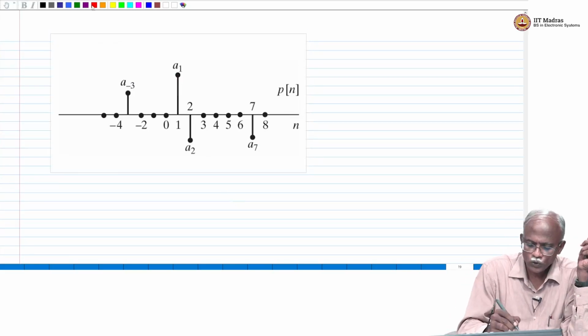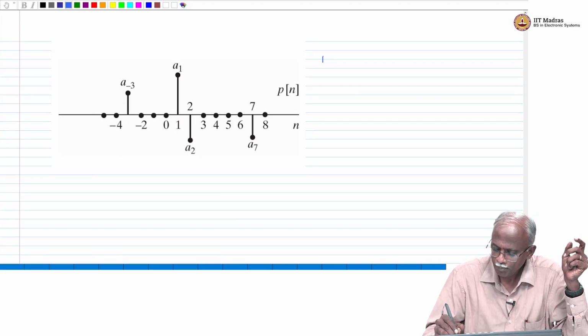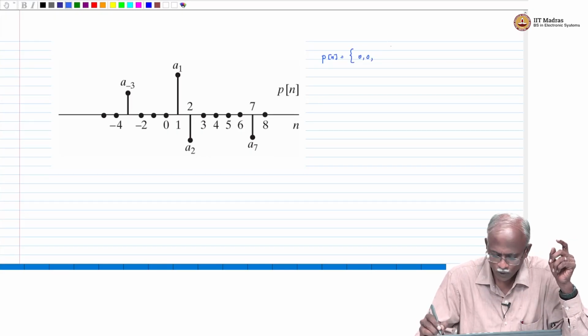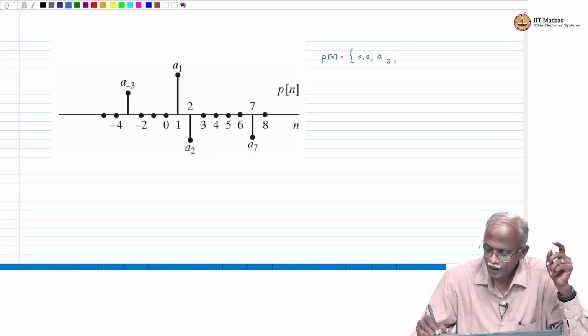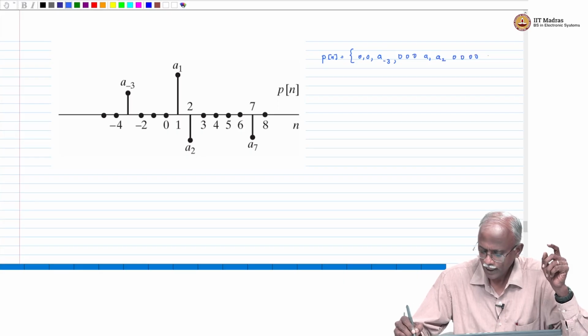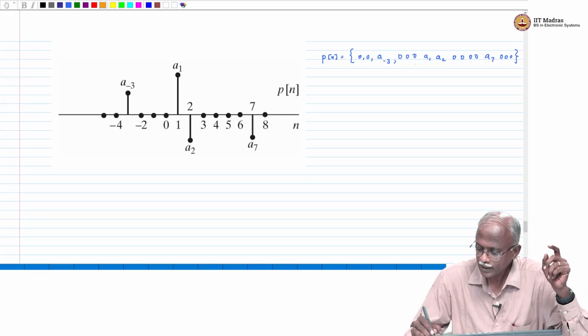Maybe easiest for us to write it as a sequence. p of n, write it as a sequence, 0, 0, then you have a of minus 3, then you have 0, 0, 0, you have a of 1, then you have a of 2, 4 zeros, and then we have a 7, and then subsequently all zeros. Origin is right here.